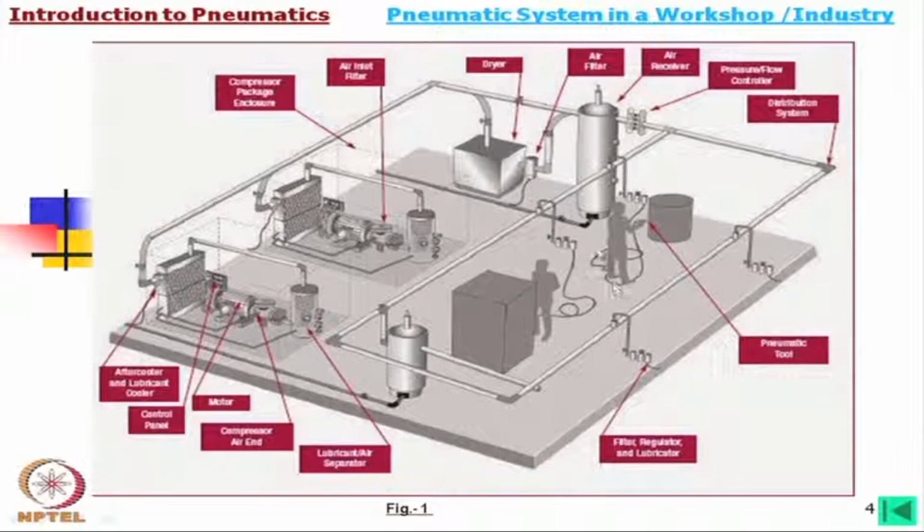Before each and every pneumatic tool you will find a filter, regulator and lubricator being used. So, this is a very schematic and very general system for a pneumatic system. There will be a pipeline throughout the industry.